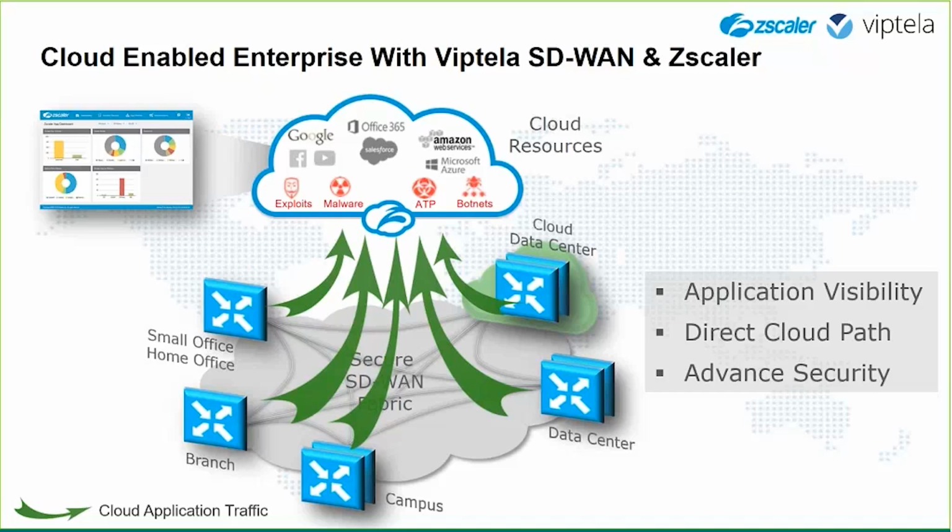There is an automatic tunnel that gets established between our devices into the Zscaler cloud, and we can start sending traffic right away. So if you're talking about time to capability, if you're talking about enforcing policies really quickly, this is really the core of what we do. Now, this is, again, an architecture. Let's talk about this in the context of a specific customer in the next slide.